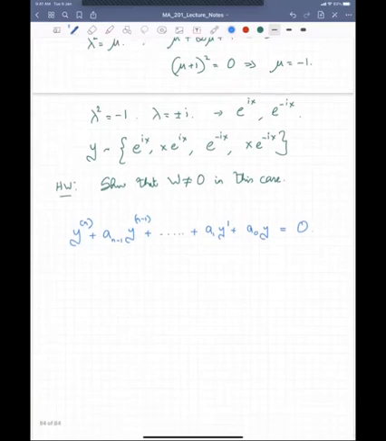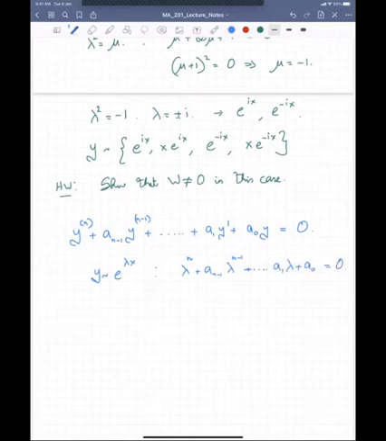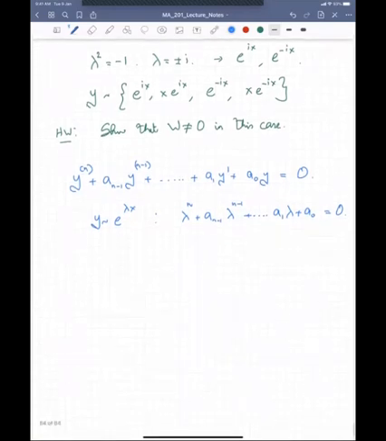Then if I plug in the ansatz e to the lambda x, this is going to give me a characteristic equation that looks like lambda to the n plus a_(n-1) lambda to the n minus 1 plus and so on, plus a1 lambda plus a0 equals 0. And then, if I am good enough to solve this, it's going to give me n roots. And then I'll have to understand what these roots are, whether they are real or imaginary or whatever it is.